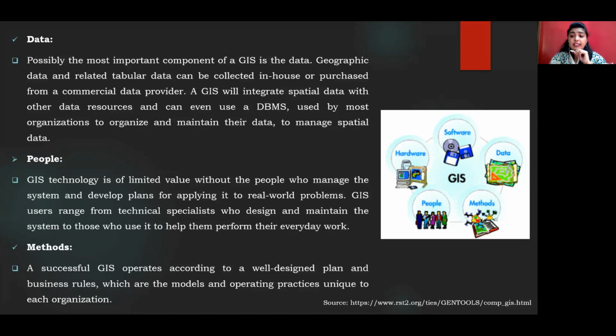I can't do that. Then I need to look at the rivers and water bodies, whether they are there in that area or not. If they are there, I have to select another area. Then I have to look into the slope, and the temperature of that area.